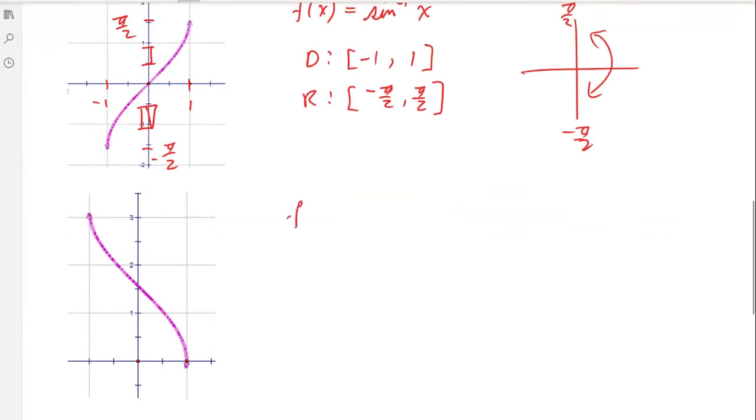So if we call this f of x is inverse cosine of x function, let's talk about the domain. Domain is still -1 to +1, but the range now, see, this is 1 and -1 is from 0, and that's pi. So this is from 0 to pi.